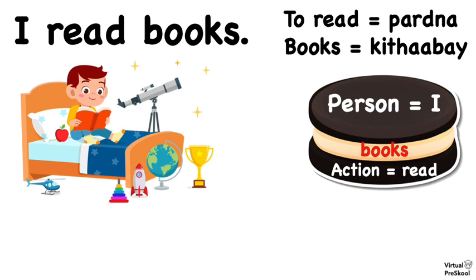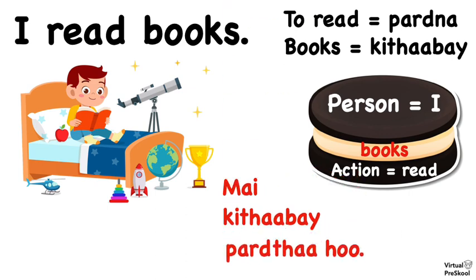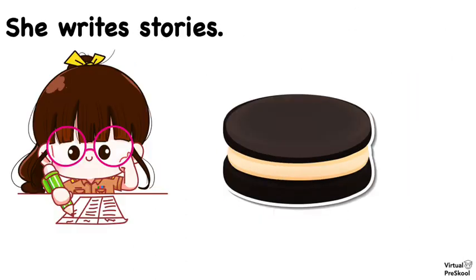And if you look at the picture, if you're wondering, the picture is of a little boy reading a book. So how would he say, I read books? मैं किताबें पढ़ता हूँ.